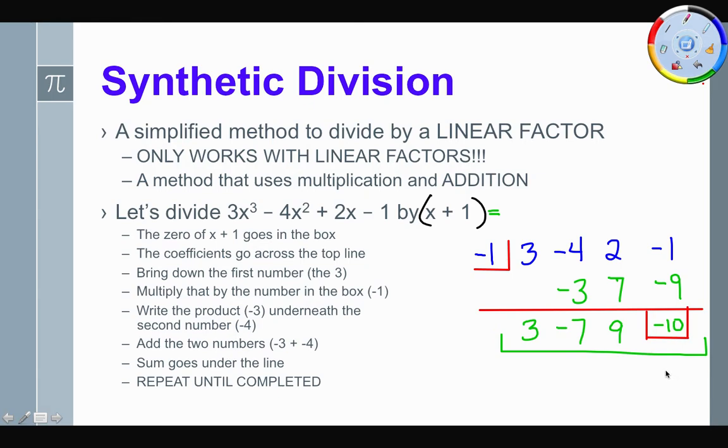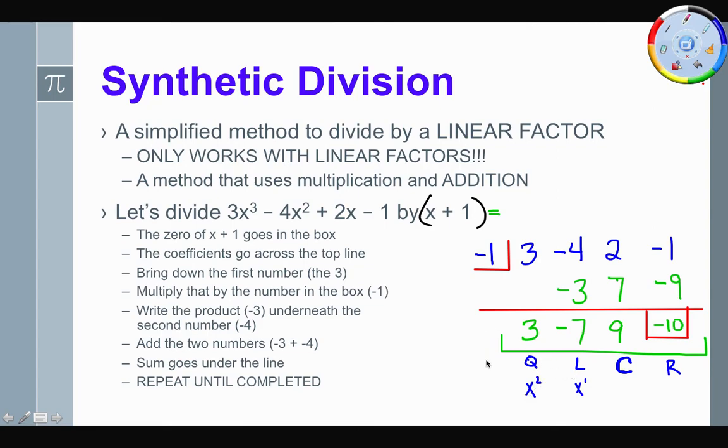But we need to make sense of this answer. If the last number in the box is your remainder, the first number to the left is your constant. The next number is your linear, which means x to the first power. Your next number would be your quadratic, which would be x to the second.